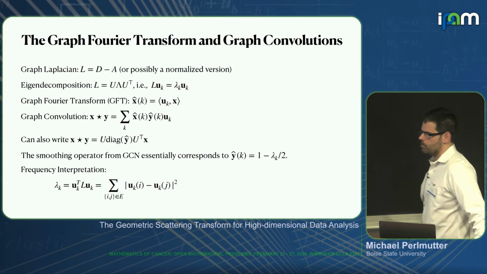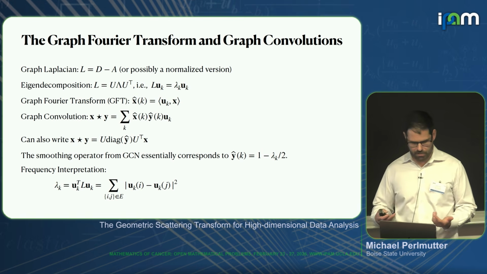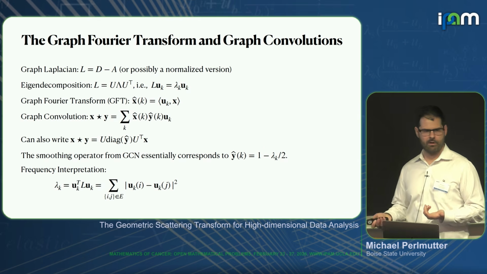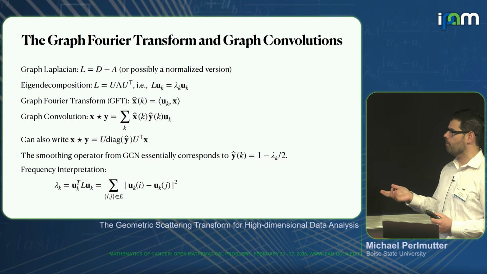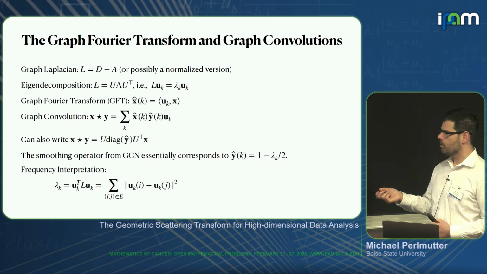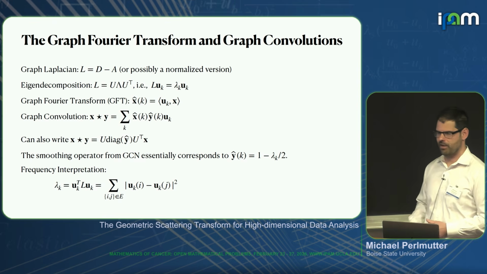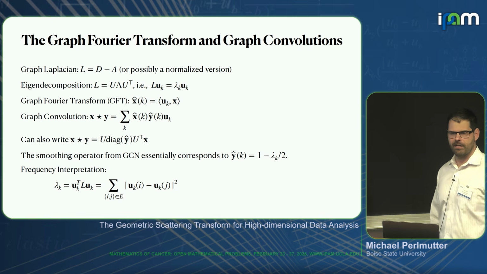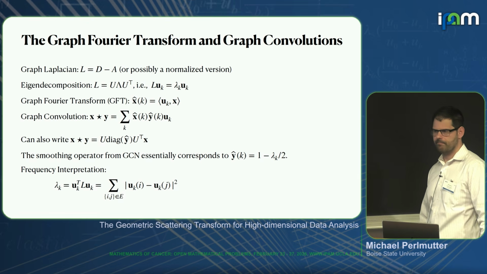And so what we do is reason by analogy with traditional convolution, where convolving two functions is multiplication in the Fourier domain. We take the Fourier transform of a vector x, which is thought of as a signal or a function on the vertices of the graph, and we take the inner product against each eigenvector of the graph Laplacian, which is our generalized Fourier mode, in order to define a graph Fourier transform.